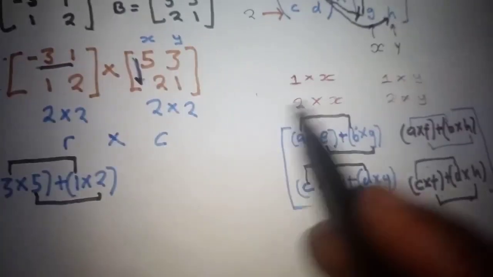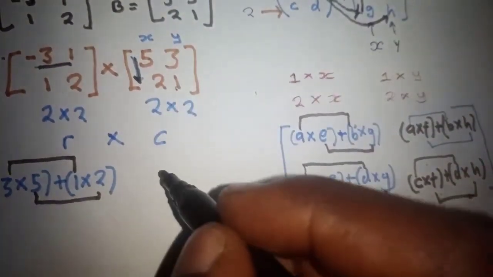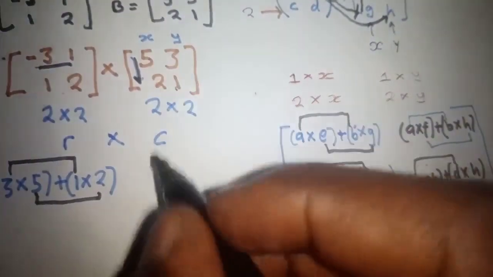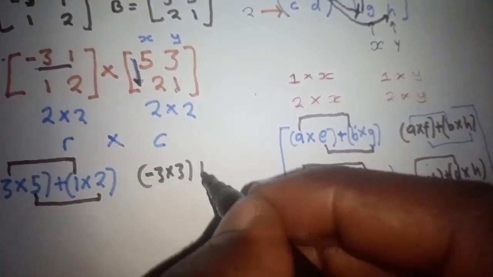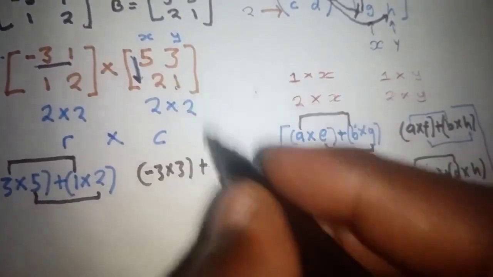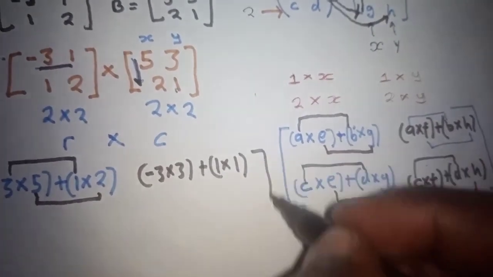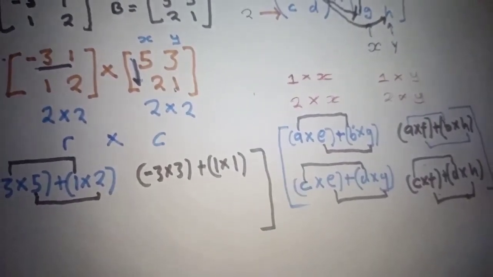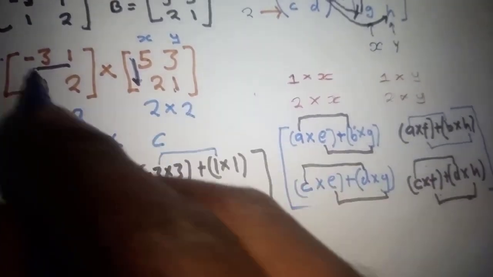So again we said row 1 times column Y. So negative 3 will multiply with the 3, so negative 3 by 3 plus 1 by 1. Again, it's always important you check: negative 3 and 1 here, I should get negative 3 and 1.